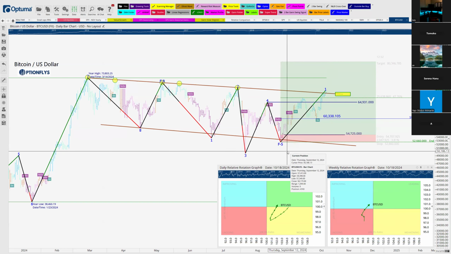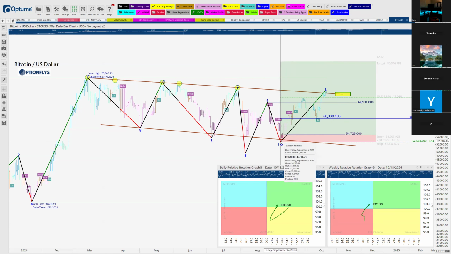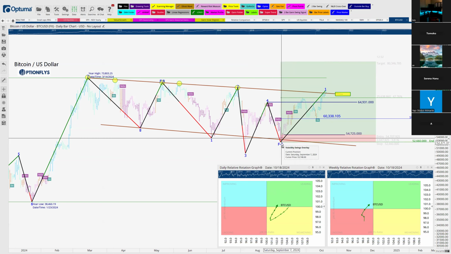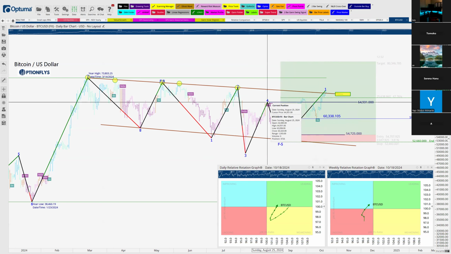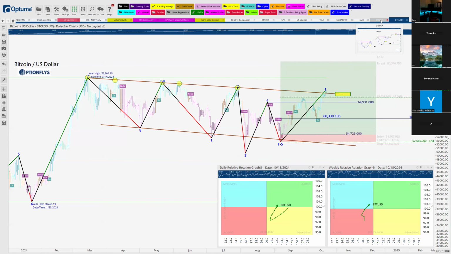Because the sequence goes, you have a lower high, you need a lower low, right? But it didn't happen here. It didn't break this low. And now in the opposite side, it took out this high. So Bitcoin is good.